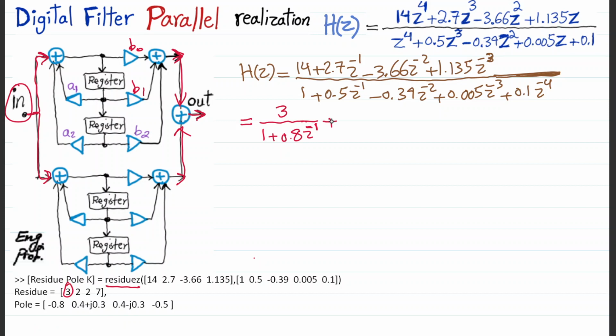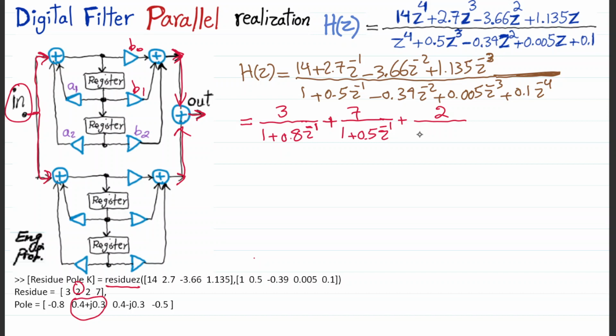Okay, what is the next? You have a plus. The next is, let's say, 7 and minus 0.5. So you keep 7, and then 1 plus 0.5 z^-1, plus. And you have a 2 here corresponding to this pole.